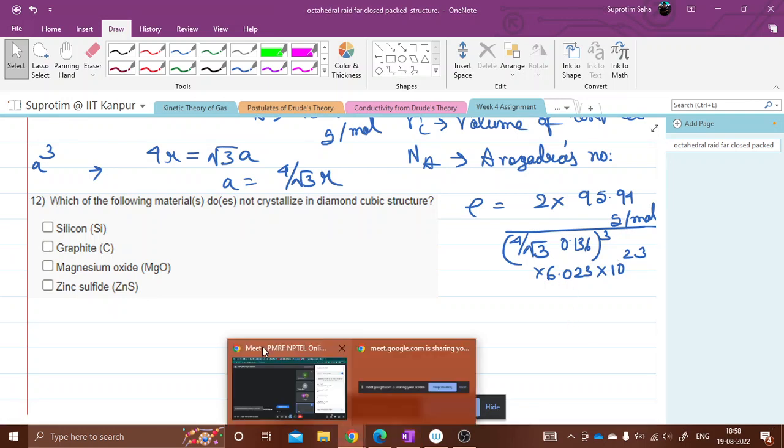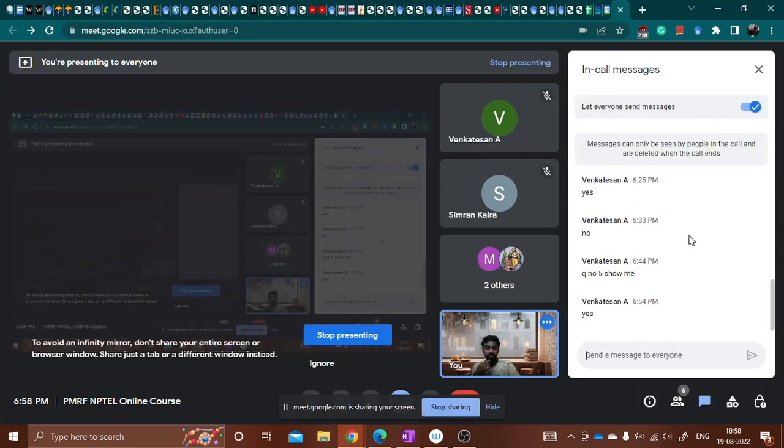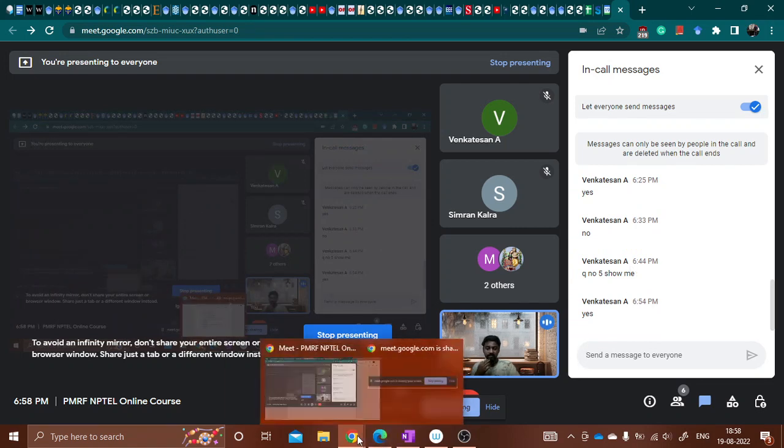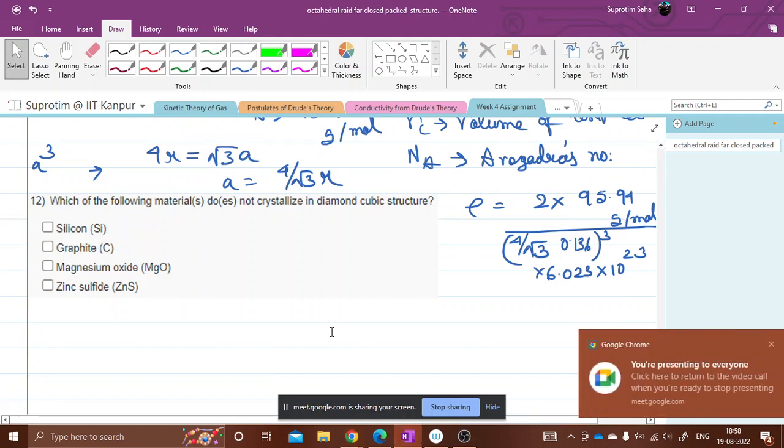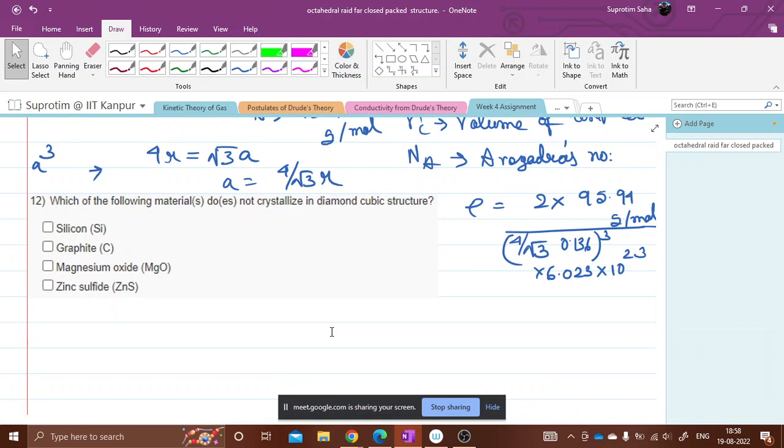Let me just check. So you should be convinced that you understood question number 5. Question 12 is also fairly simple, directly from the video itself. Which of the following materials does not crystallize in diamond cubic structure?